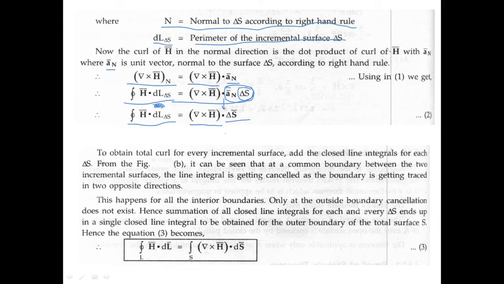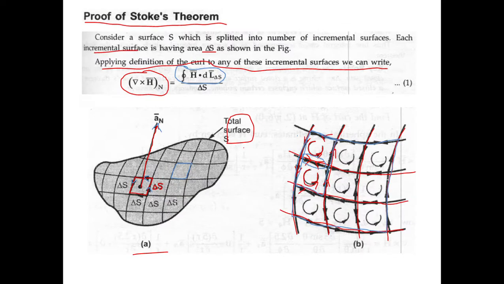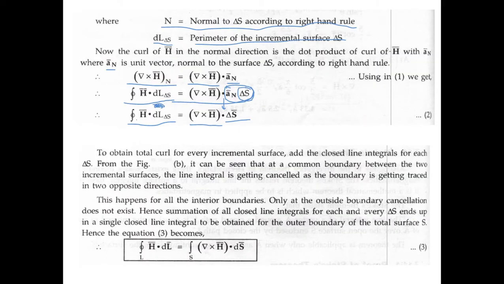Now read this explanation for whatever I told you, and you'll understand. To obtain the total curl for every incremental surface, add the closed line integrals for each delta s from figure B, what I explained in the previous slide.